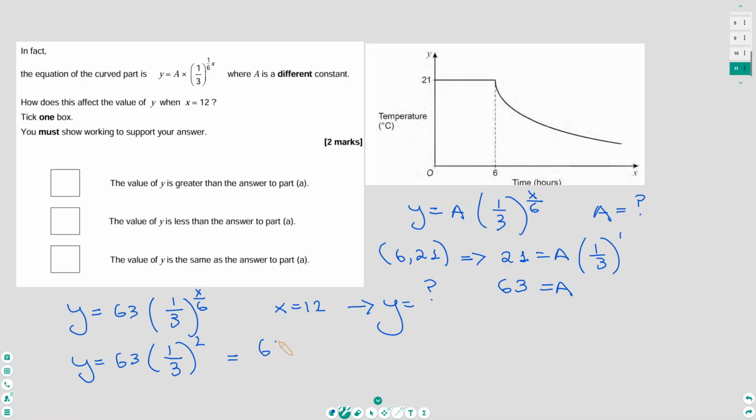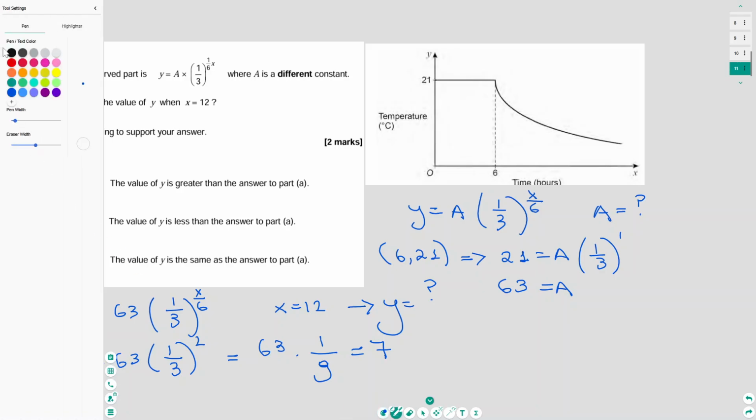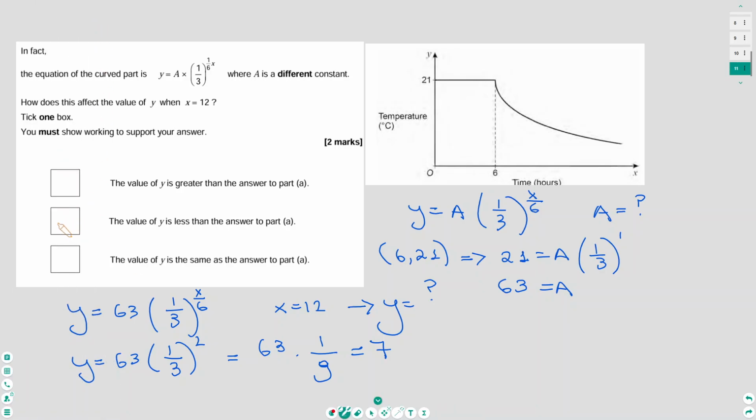Therefore, y is 63 divided by 9, which is 7. And now we can answer which of the options is true. The value of y is less than the answer to part A, the previous part. Therefore, the right option is the second. Here you tick the second box.